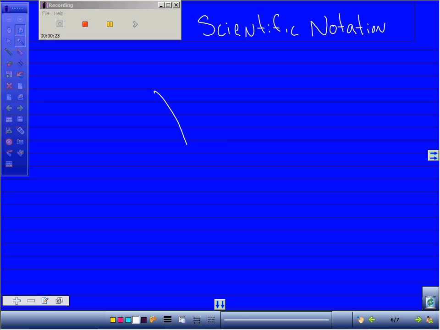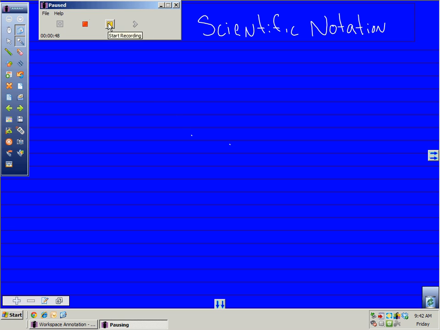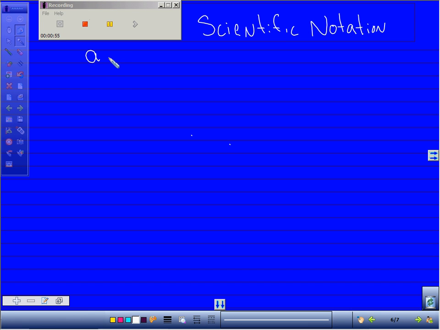Okay. So, scientific notation is a way to express very large numbers, okay? And we use that a lot. It would be a number of the form a times 10 raised to the nth power. If you're expressing very large numbers, then this n is a positive power of 10, and if you're expressing very small numbers, then you use negative powers of 10.